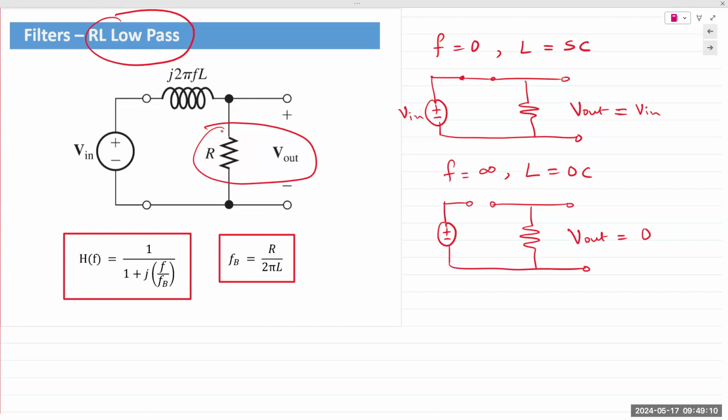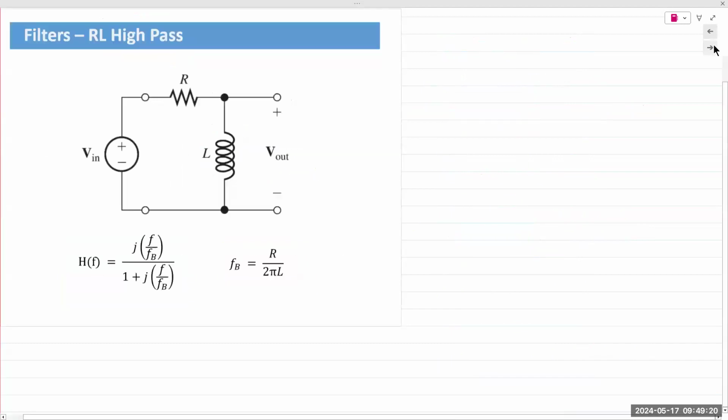If you take the output across the resistor, you get a low pass. If you take the output across the inductor, you get a high pass, which is what we have here. So again, at F equal to 0, the inductor behaves like a short circuit.